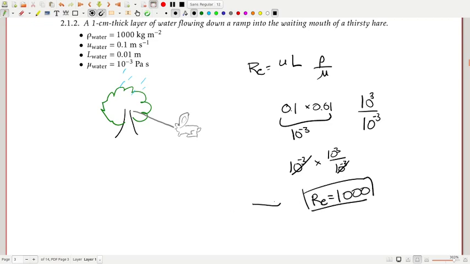And this classifies as turbulent, but barely. And so this is dangerously close to these transitional flows that we think about. And so maybe it's going to be a little difficult for us to think about these really thin sheets of water because they might be laminar, they might be turbulent.